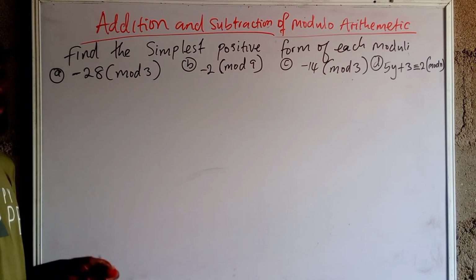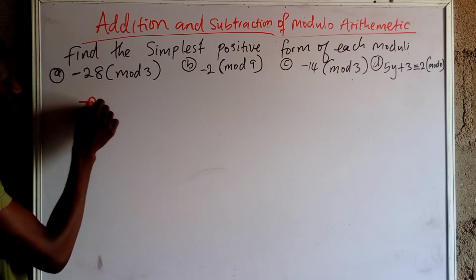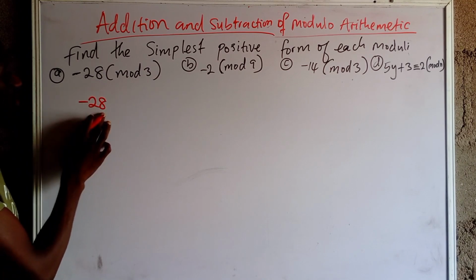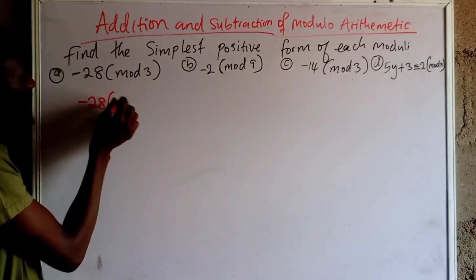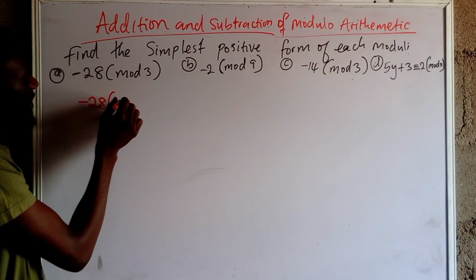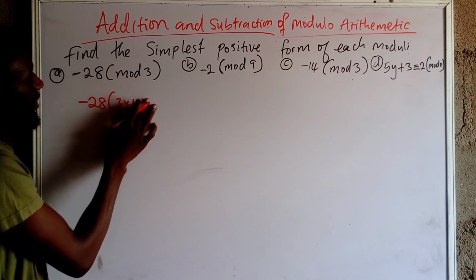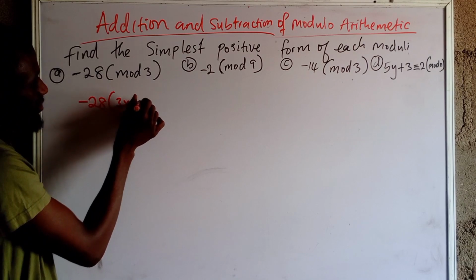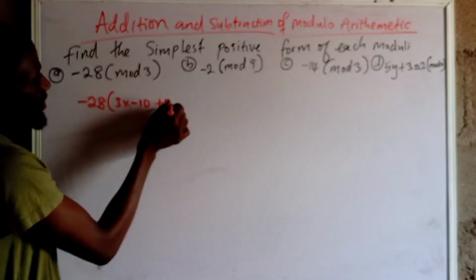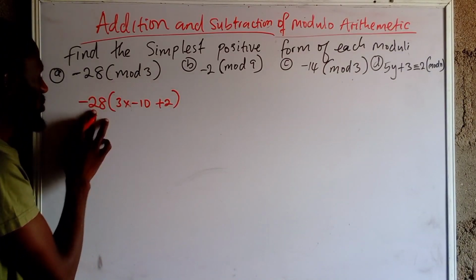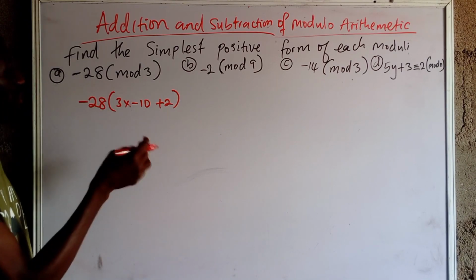In solving this problem, since this is minus 28, we think of a number that can make minus 28. Let's say we can say 3 times minus 10 plus 2. 3 times minus 10 plus 2 will give minus 28. Therefore, we always focus on the remainder.